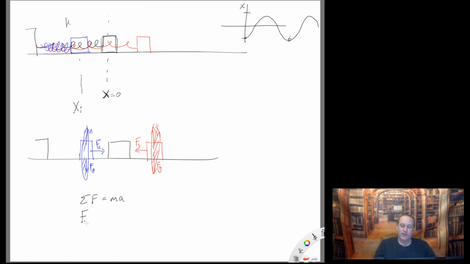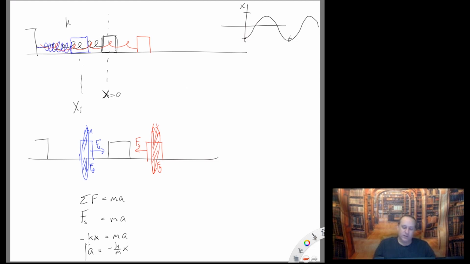That's my spring force equals ma, and we get negative kx equals ma. And if we rearrange that, we get a equals negative k over m times x.